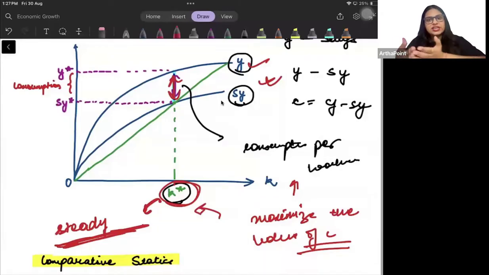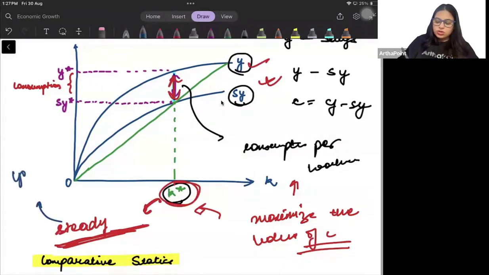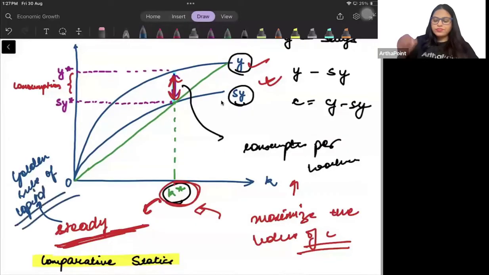That level of steady state capital which maximizes consumption per worker is basically called the golden rule of capital. That becomes the golden rule of capital.